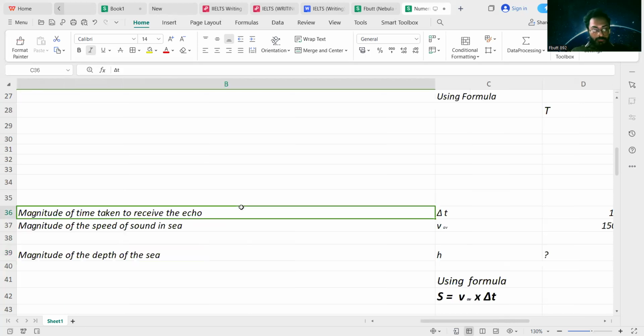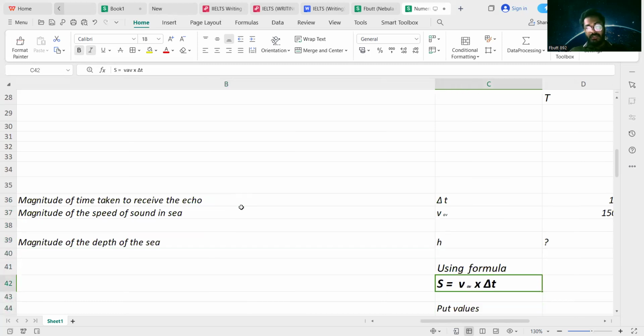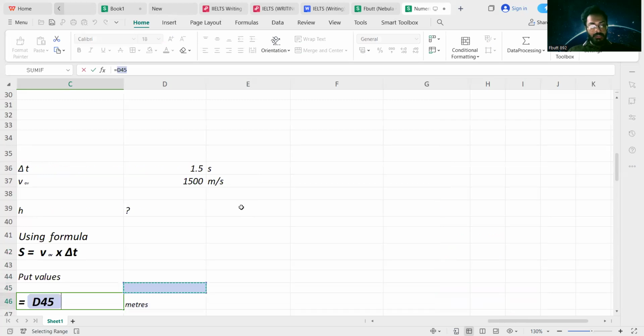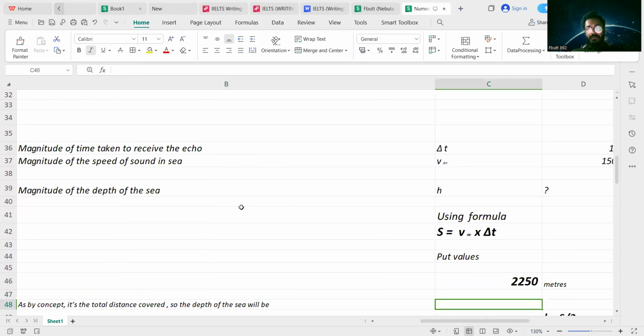So we have to find the depth of the sea. Using the formula, total distance covered is equal to average speed multiplied by total time taken. By putting values, I'll get the answer: total time taken multiplied by the average speed, and the answer is 2250 meters.